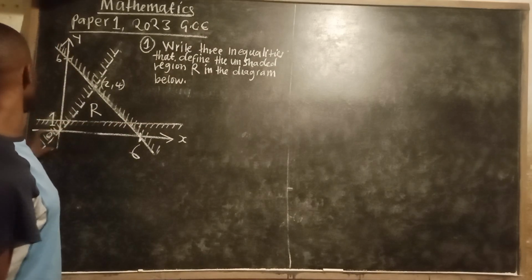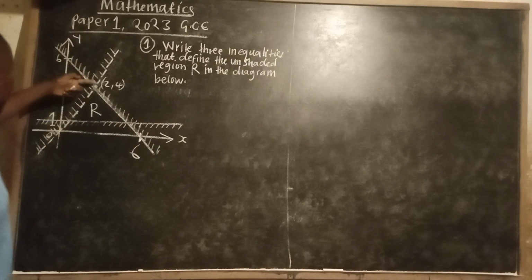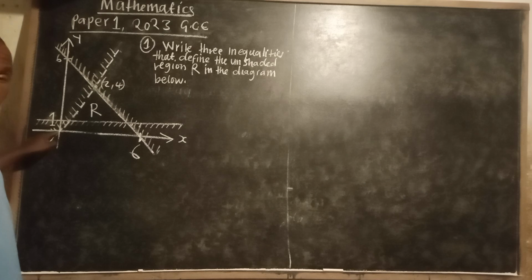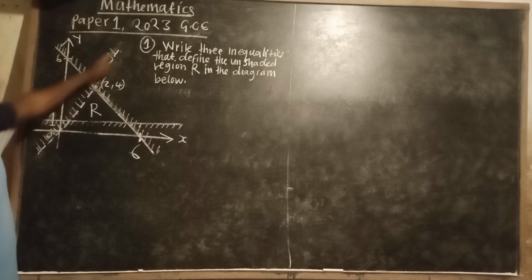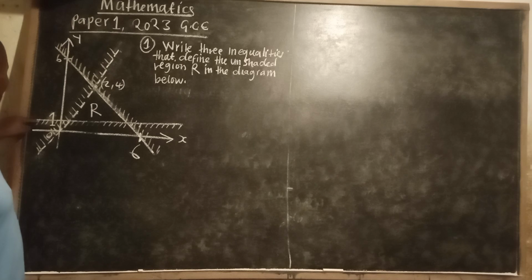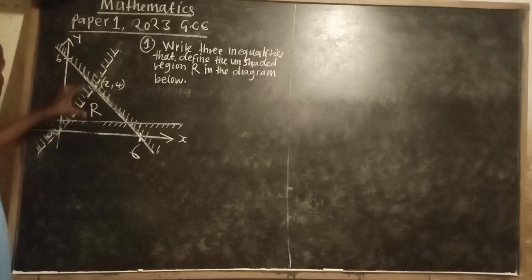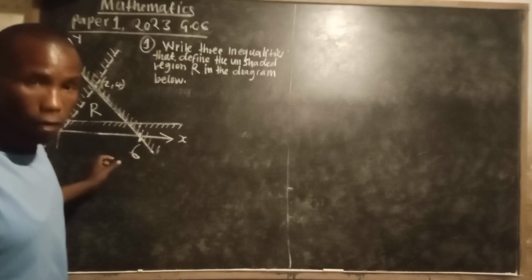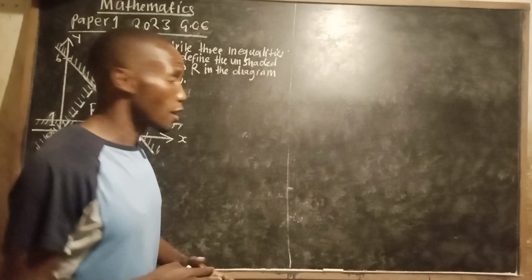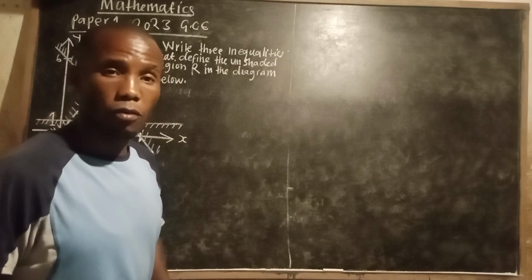Then there is another one which intercepts the x-axis and y-axis at one point. Then there is another line here which intercepts the y-axis and is parallel to the x-axis.